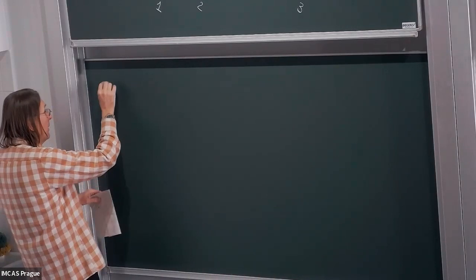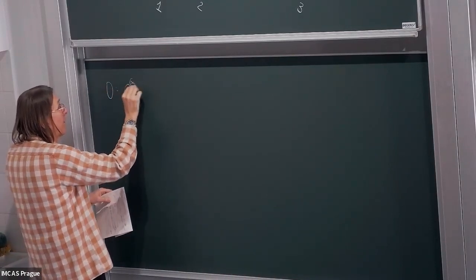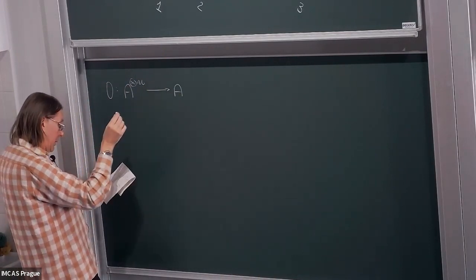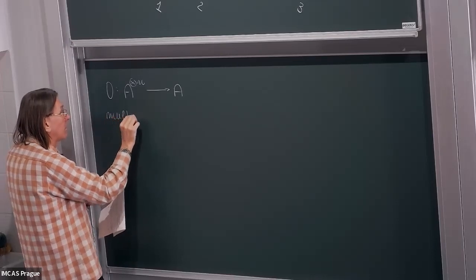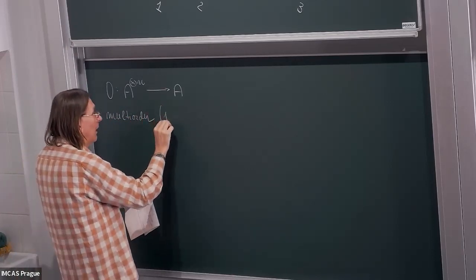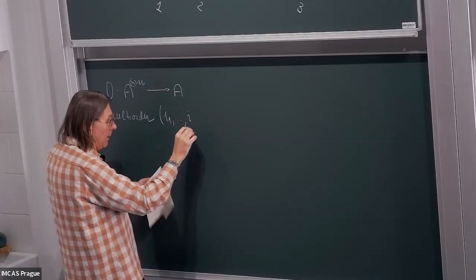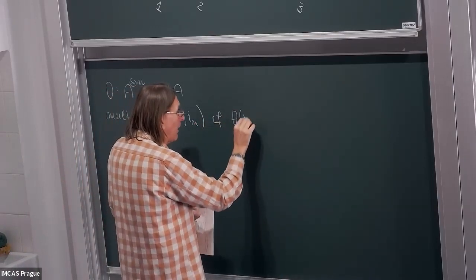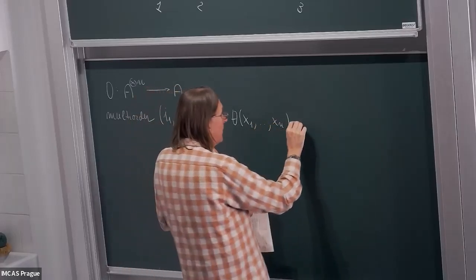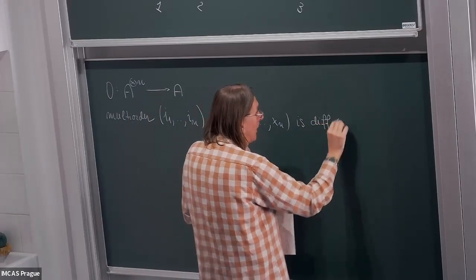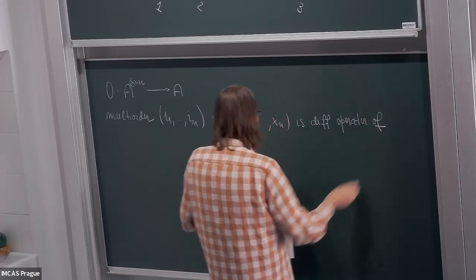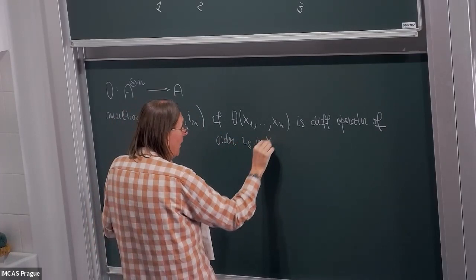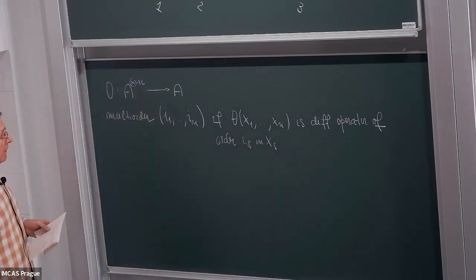So now I am thinking about maps theta from A to the power n into A. And I say that such a thing is of multi-order i1, ..., in if theta(x1, ..., xn) is a differential operator of order i_s in x_s. Also, I believe that the meaning is clear.